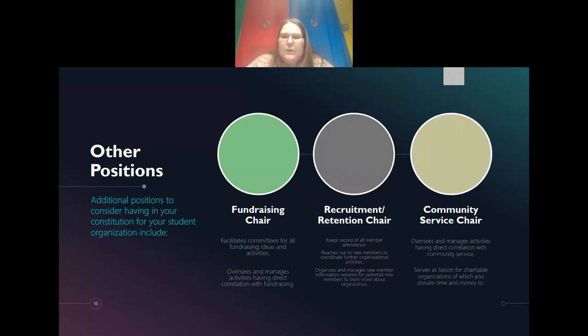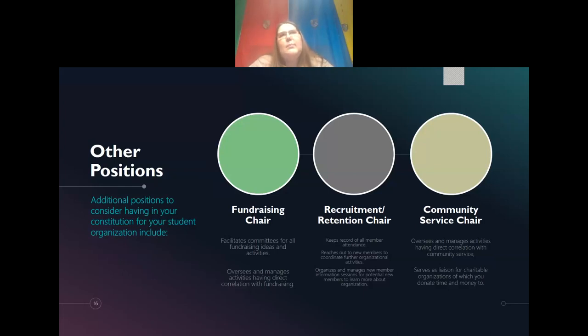So again, a few other ones that we see that are common now to have, or becoming more common, I should say, in student organizations. We see a fundraising chair as well. So they facilitate the commitments for all fundraising ideas and activities, and they oversee and manage activities having direct correlation with fundraising.